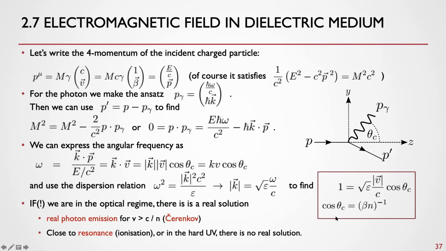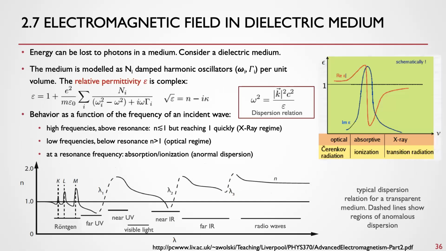Moreover, we used that the square root of epsilon is a real number, but in truth, it is a complex number which has an absorptive part. So as long as we have a sizable absorption which is close to the resonance, we will not find a solution.